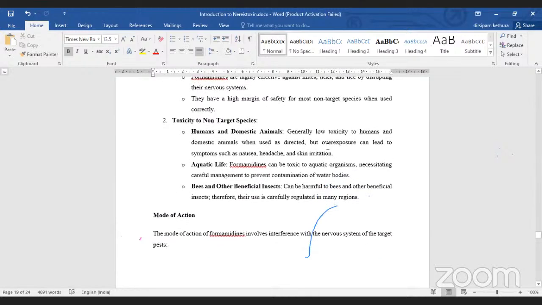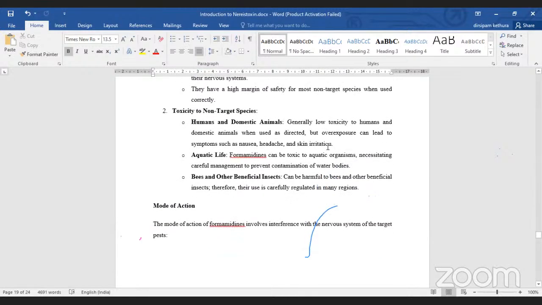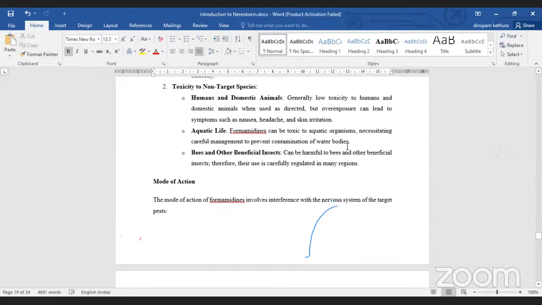And coming to the toxicity to non-target species, those are beneficial organisms. These show generally low toxicity to humans and domestic animals when used as directed according to the concentration. But higher concentrations lead to nausea, headache, and irritation.